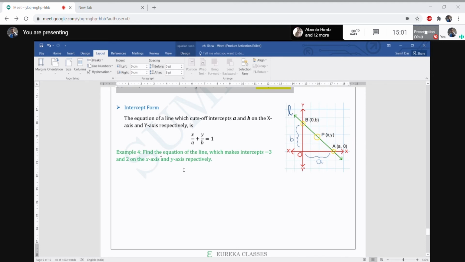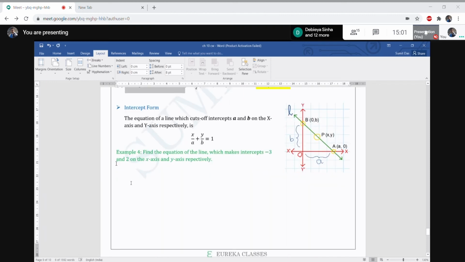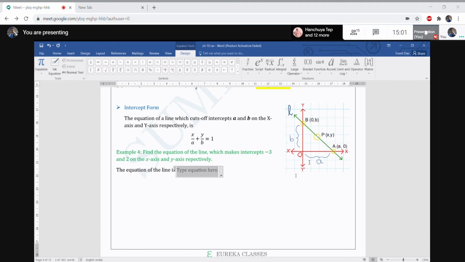That means A is minus 3 and B is 2. So the equation of the line is, just use the formula, x divided by minus 3 plus y divided by 2.